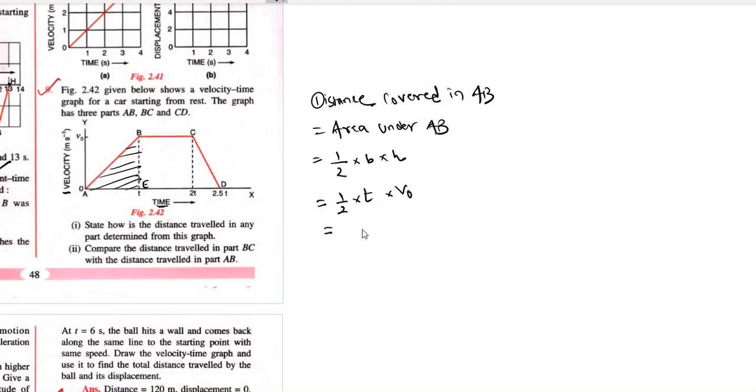Okay, so we'll write the distance covered in AB as V naught multiplied by T upon 2. So there is no need to get confused about this V naught or T. They are just usual symbols. So your answer can be in symbols, and anyways we have to compare the distance. So it doesn't matter, right? Let's find the distance traveled in part AB.